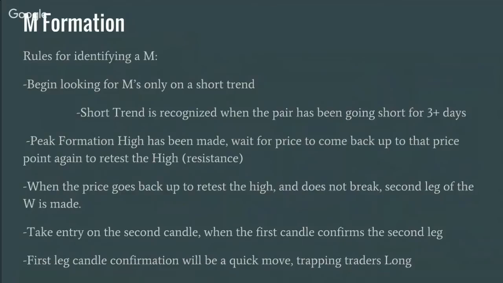What trend must it be first? Short trend, and then you look for M's. You don't look for W's on a short trend, you look for M's. So the first thing you must do before even considering any kind of formations, recognize the trend. I want you to write that on the side. First thing to do, recognize the trend.